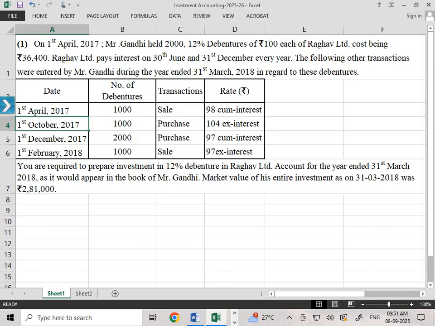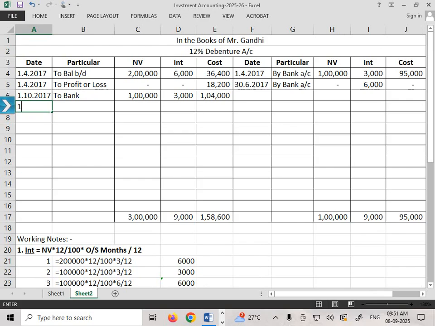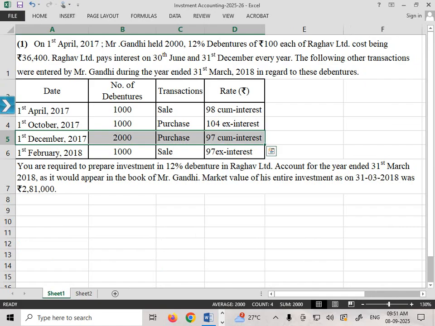Next transaction is again purchase. That is on 1st December 2017. Bank. What is the nominal value now? What is the total debenture purchase? 2000.